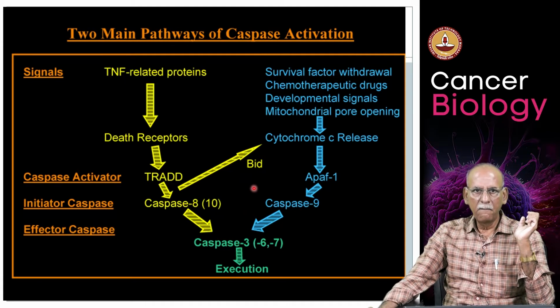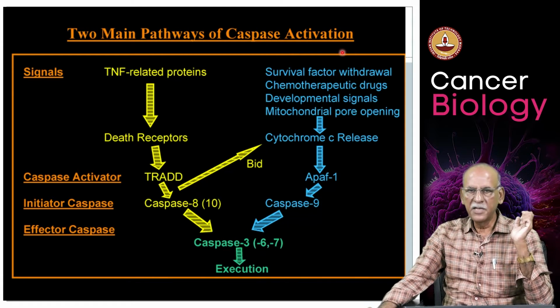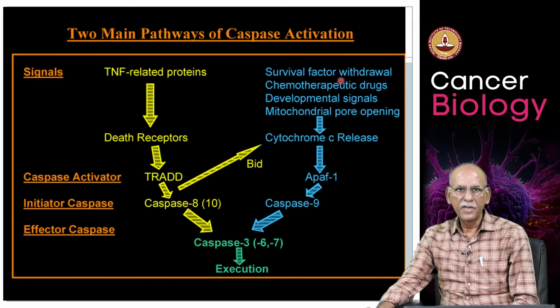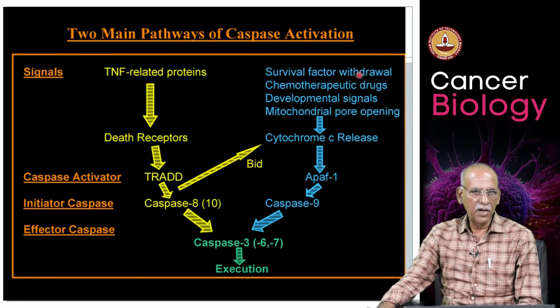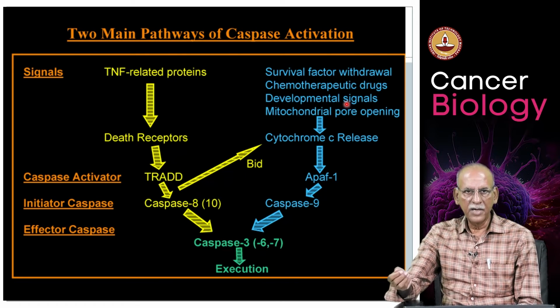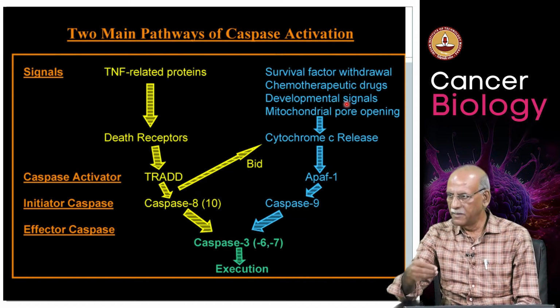Now, you have the intrinsic pathway, where the signal comes from inside, that is, survival factor withdrawal, some of the developmental signals, chemotherapeutic drugs also. You may inject them, but ultimately they go inside and do that. That is what it means.